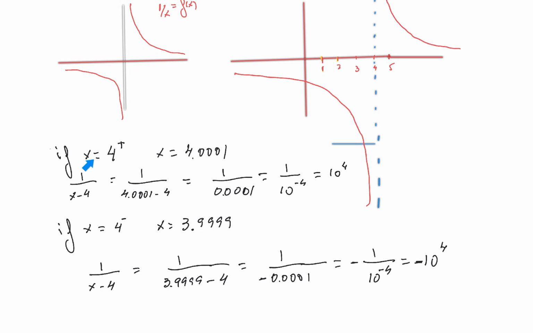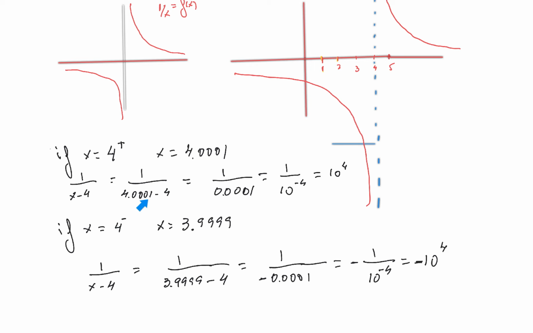What happens if x is 4 positive? If the number x is 4 positive, it means that x is 4.001. The function is 1 divided by x minus 4, so it will be 1 divided by 4.001 minus 4.